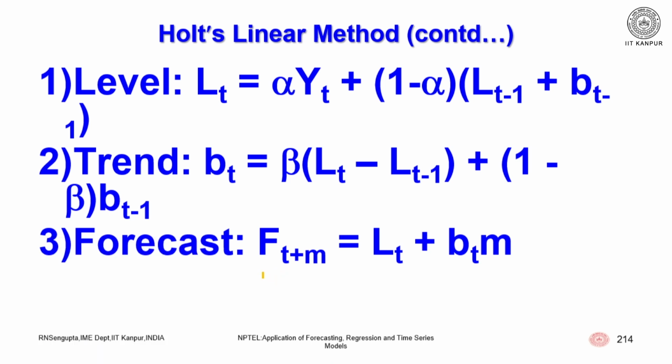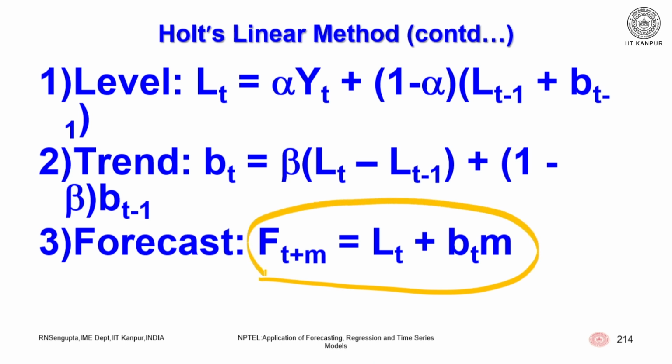So, the main task is to forecast. Here it is, and here, if you remember, there is an M. In the last class I discussed how many time periods forward you are going to forecast. If M is 1, that means we are standing today, trying to forecast for the next day or next time period.